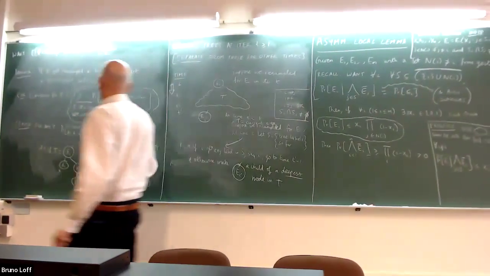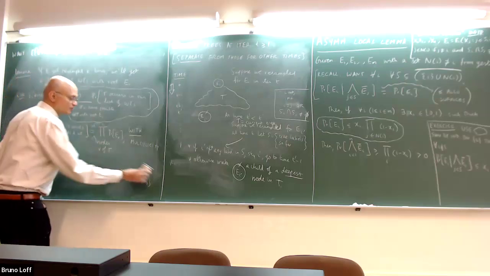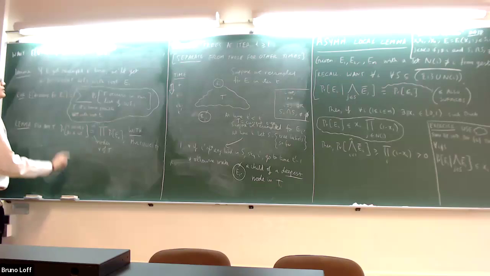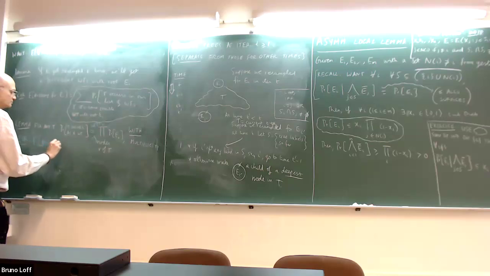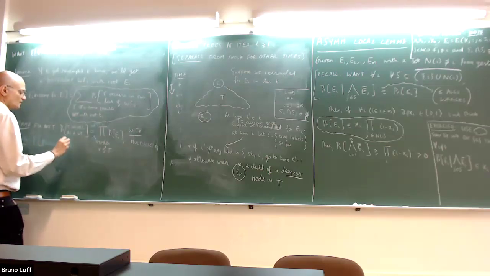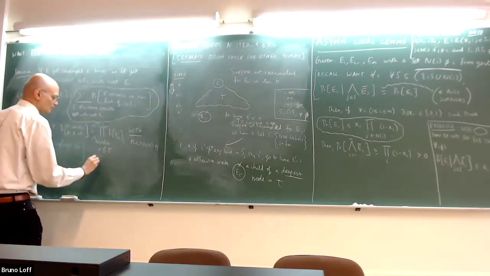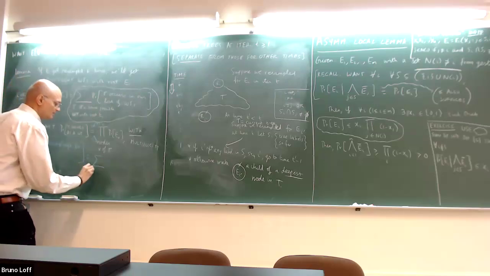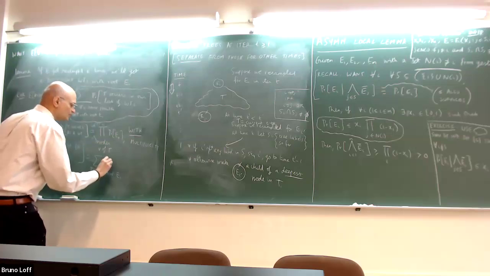Okay, so let's call this the weight of the tree. Therefore, by this lemma and the corollary, what we are interested in is simply now the following combinatorial quantity: the sum over trees T with root EI of the weight of the tree.